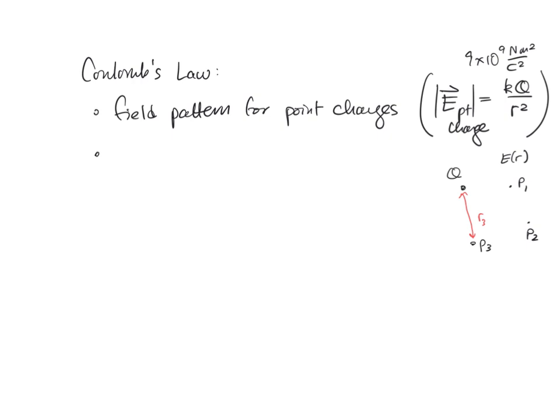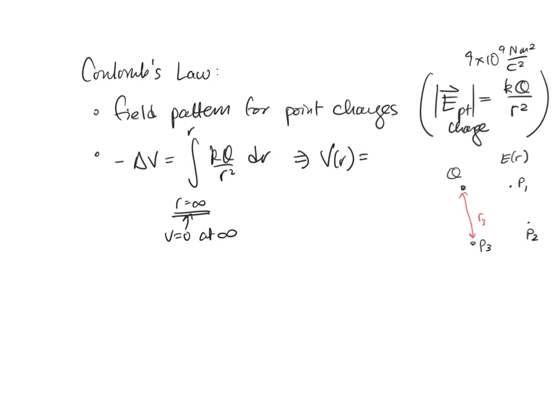Similarly, you appreciate that if we integrate this Coulomb's field, dr, from r equals infinity to some r, we get a very similar looking potential function. Because we choose V equals 0 at infinity, this gives us a function for the potential of a point charge, and it looks like this.